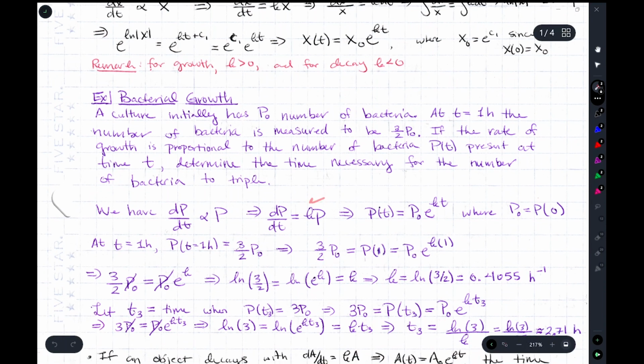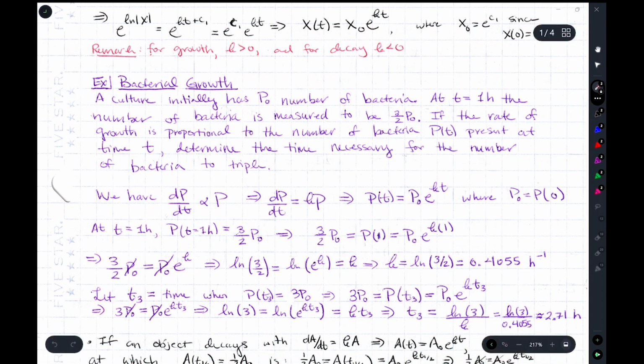We're not given k, the constant of proportionality or the rate of growth parameter in this particular model. But we are told this, and we can solve. Okay, and we have P naught that's given in the problem. When a problem tells you you have P naught number, it means you could assume you know that value P naught.